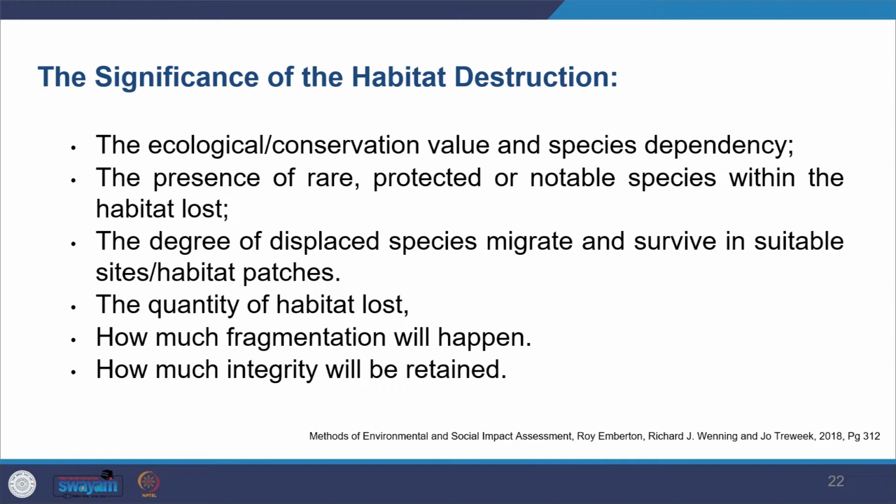That is what we call habitat fragmentation. And because of that, how much integrity will be retained or compromised. How those areas, despite interference, can work as one unit. The significance of the impact will also depend on that.